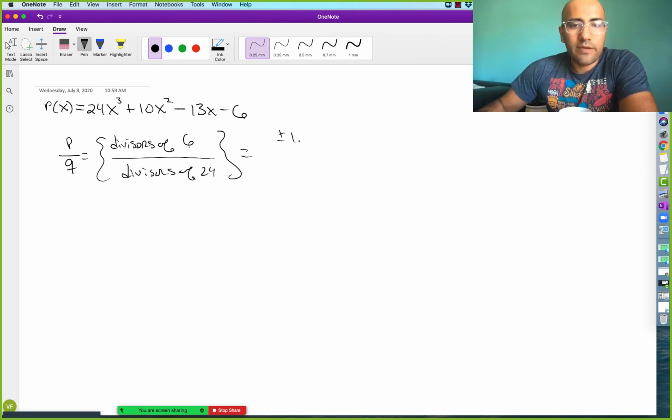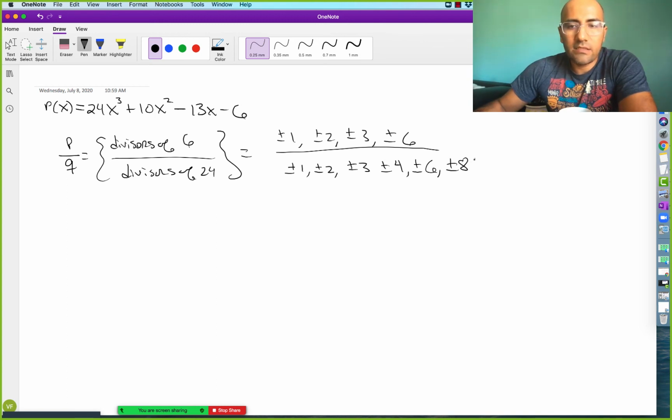That's going to be plus or minus 1, 2, 3, 6 divided by plus or minus 1, 2, 3, 4, 6, 8, 12, 24. Ooh, so this one's going to be a real fun one. Lots of different possible combinations.